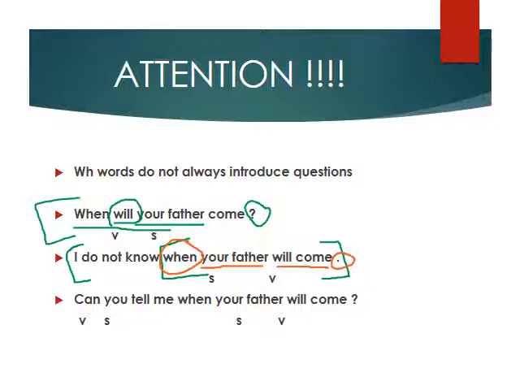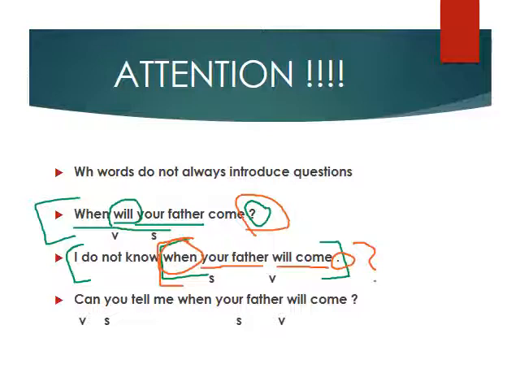So how can we know that this is a question? Simply by having a question mark. If we have a question mark, this is a question, we need to invert. But here it is not a question, here it is a sentence, okay? And from the meaning also, the speaker didn't ask when the father will come.